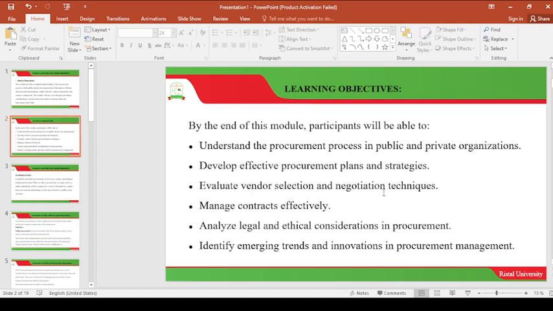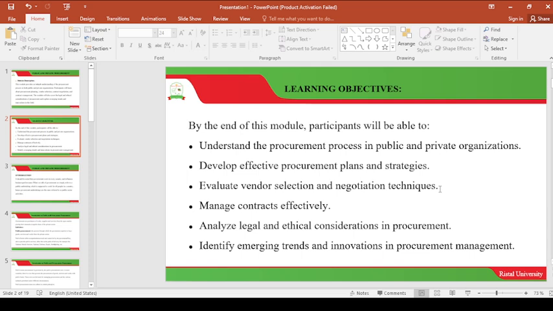Students will also gain knowledge of how to manage contracts effectively and analyze legal and ethical considerations in the procurement of goods in both the private sector and the public sector.